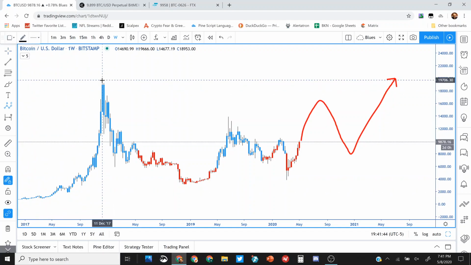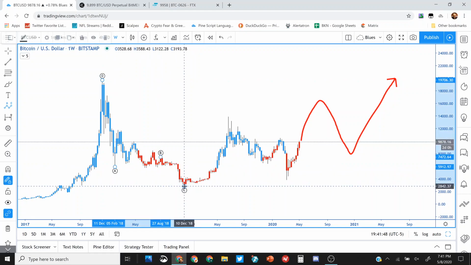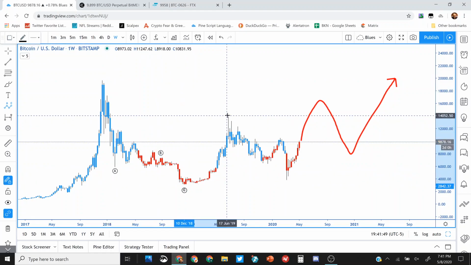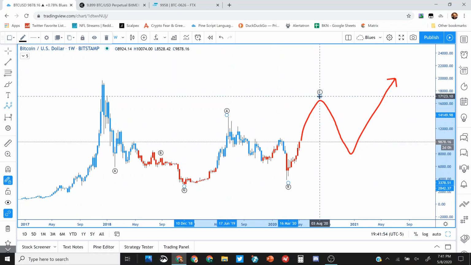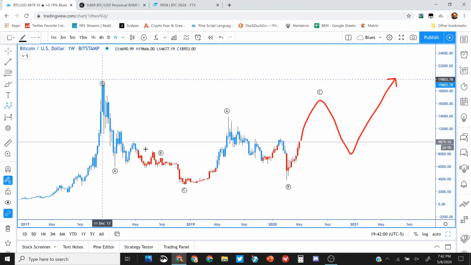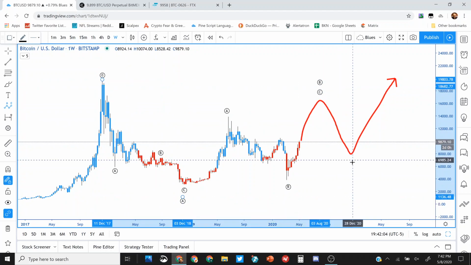So we had an A, B, C, or WXY, most likely an A, B, C, and then potentially a C down. Like this.